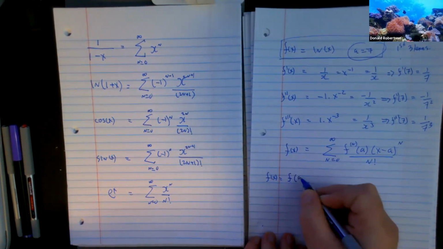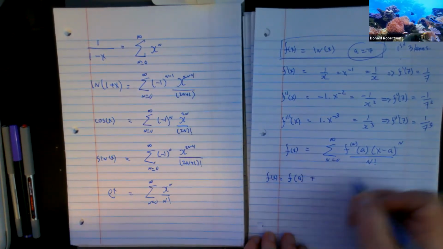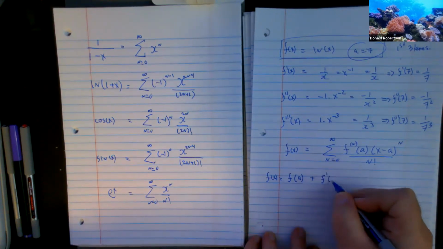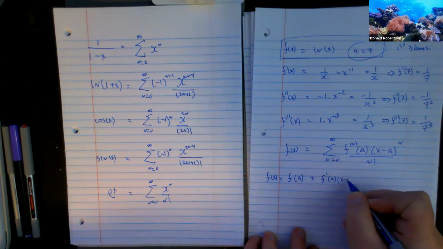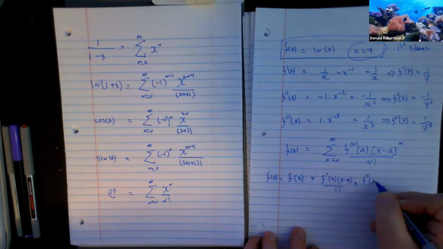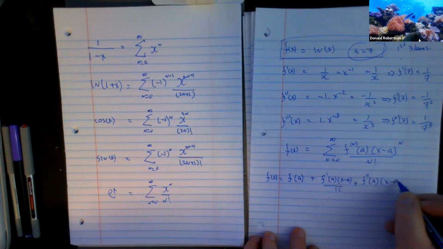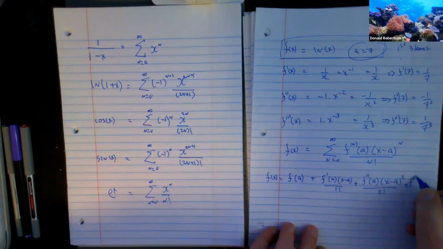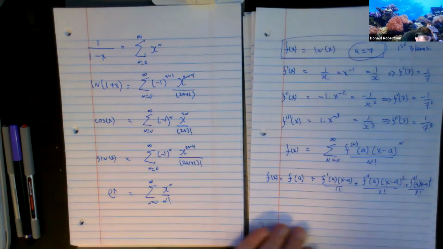The value of the function at a, because that to 0 and that to 0 are 1. Then you get the first derivative at a over 1 factorial, the second derivative of a over 2 factorial, and since I'm going to the third term, the third derivative at a, x minus a cubed over 3 factorial.